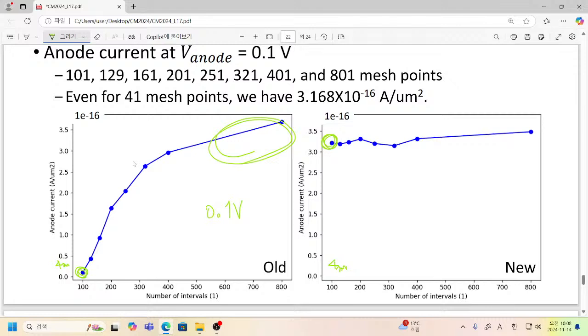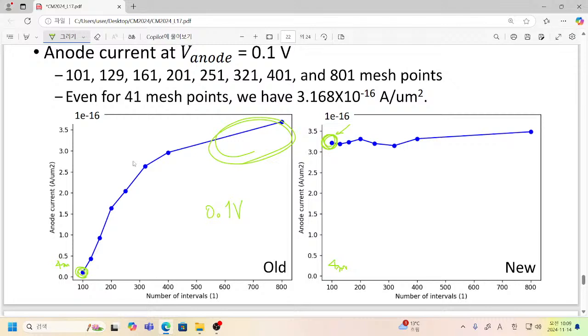How can this be possible? Because our electron density can be well calculated with this coarse grid, even in this forward bias case. That's the reason why our current value is quite close to the one obtained from the fine grid. So maybe you can ask me this question. It is very difficult to believe.